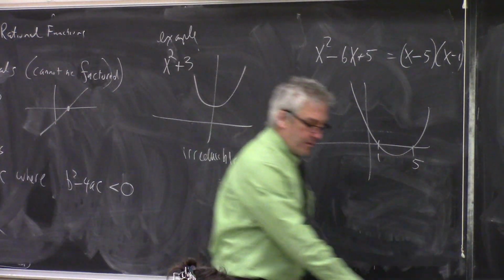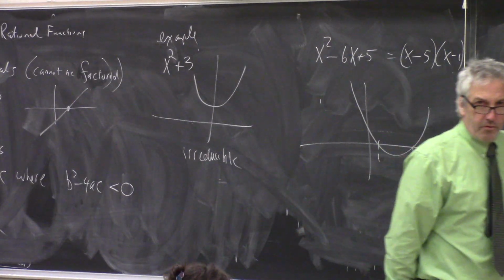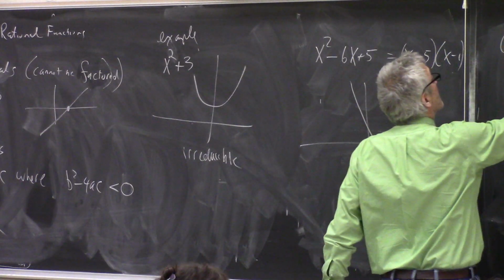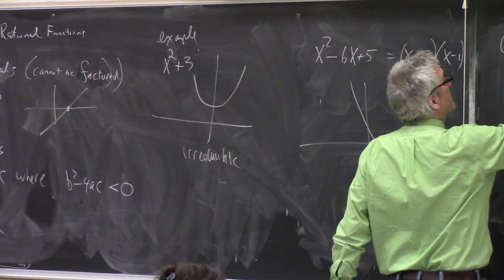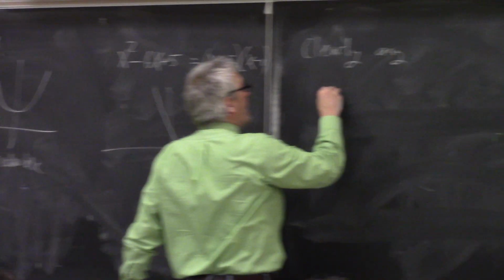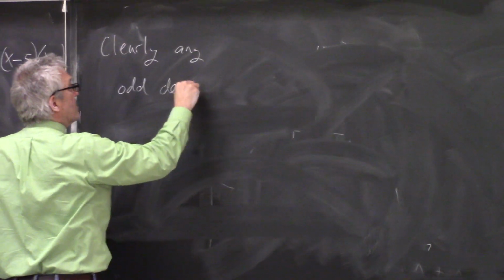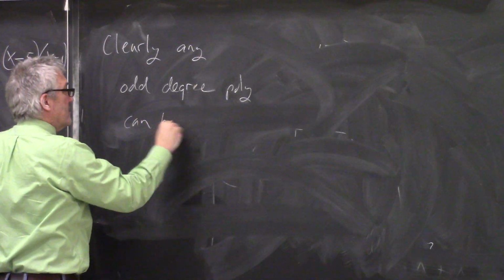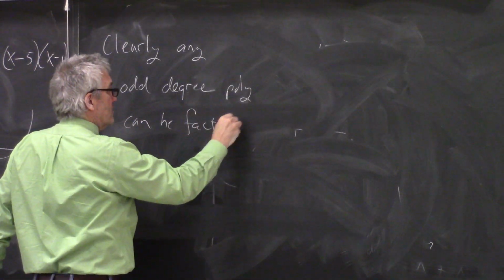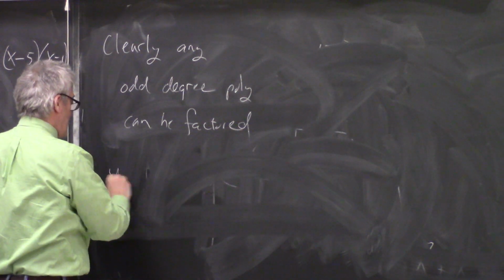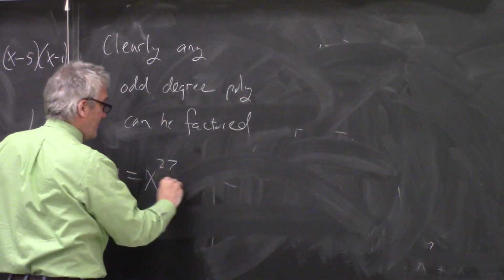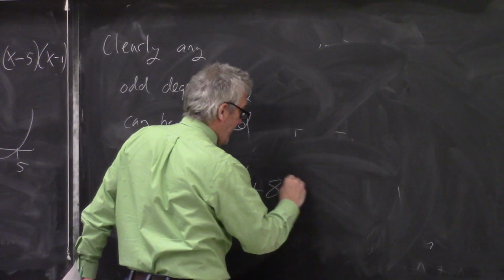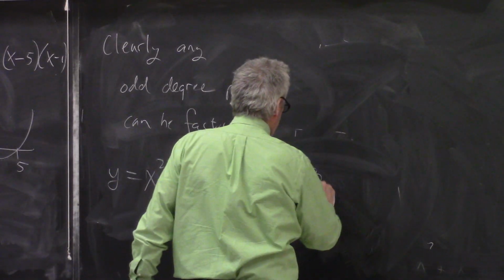Now what about other things whose graphs don't cross the x-axis? Well, let's turn around. Clearly, any odd degree polynomial can be factored. So y equals x to the 27th minus 13x to the 14th plus 87x cubed minus 2.